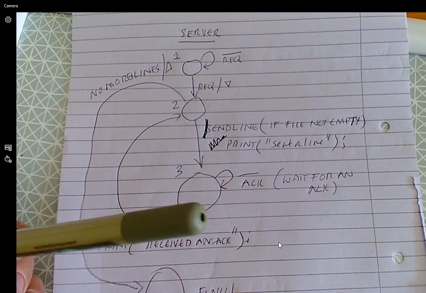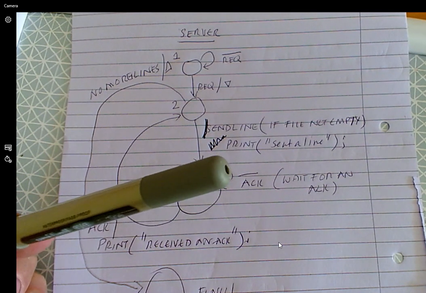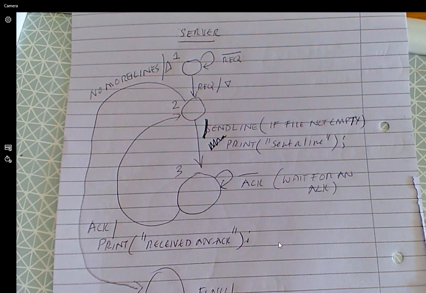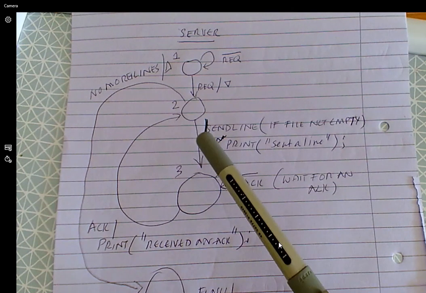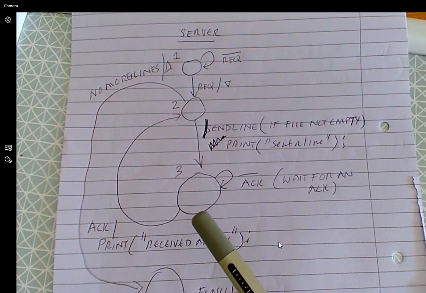And in state 3, all that's happening is that you're waiting until you receive an acknowledgement from the client. And when you do receive an acknowledgement, you're changing back to state 2 and you're repeating the whole process again.